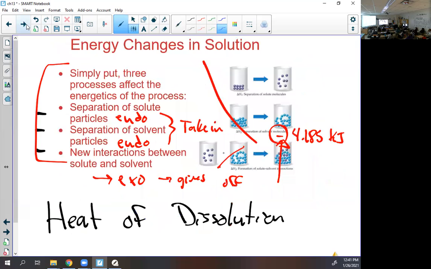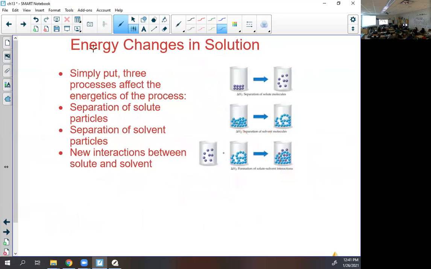All right, here we go. Energy changes in solution. This is one time where this is not taught as much in this class as it is in regular chemistry. Simply put, three processes affect the energetics of the dissolving process, or delta H. Remember, that's what we use when we talk energy.